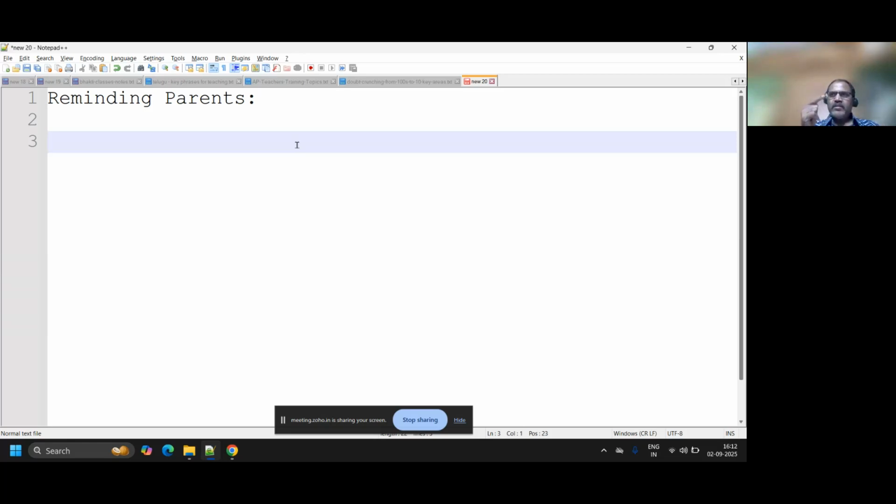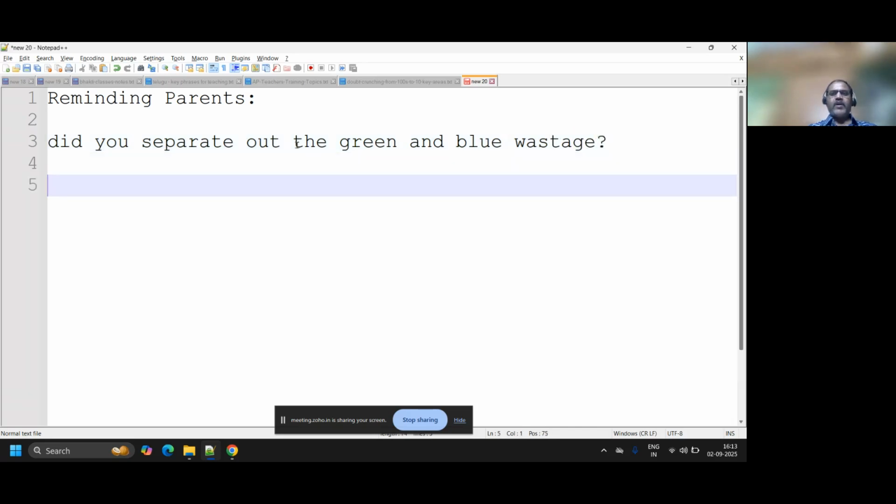Imagine your own kid asking you this question: did you separate out the green and blue waste? In houses, we have green waste and blue waste. Green waste meaning biodegradable waste. For example, the banana peel, it can be degraded. It is biodegradable.